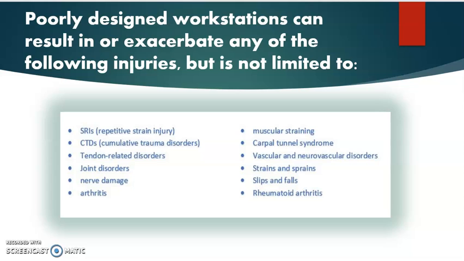Repetitive strain injury, the RSI, is the most common type of hand injury in Canada, caused by repetitive movement or motion. So like typing, using your mouse or using any sort of grasping tools in an awkward way, or if you're just exposed to it in a prolonged manner.